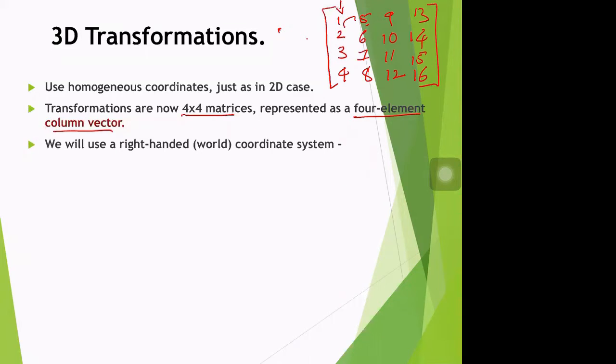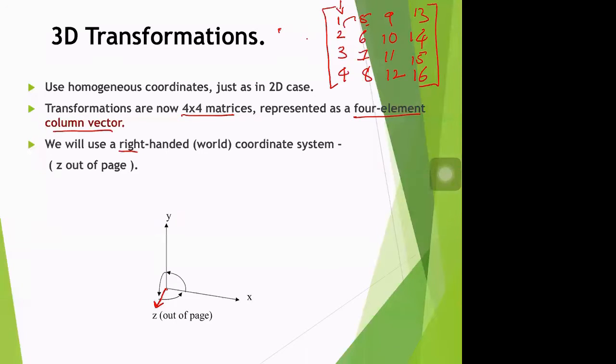And one more point is, we will use a right-handed coordinate system here for our easy purpose. That's nothing but our Z will come out of the page here. So you're able to see the Z axis. If we imagine that the Z actually comes out of our screen or out of our page, if you're drawing this on your sheet.